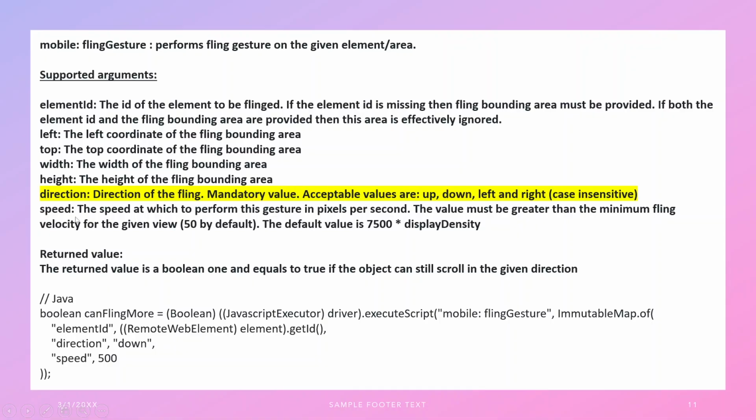By using this command it returns a value, and the return value is a boolean: true if the object can still scroll in the given direction, meaning we can still fling, and it completes one fling.